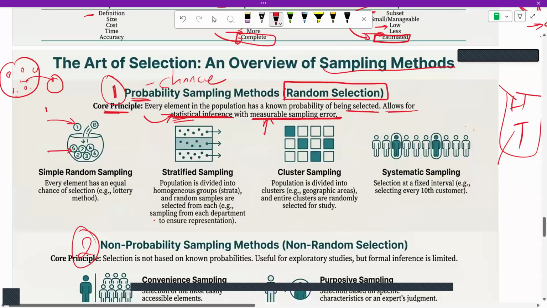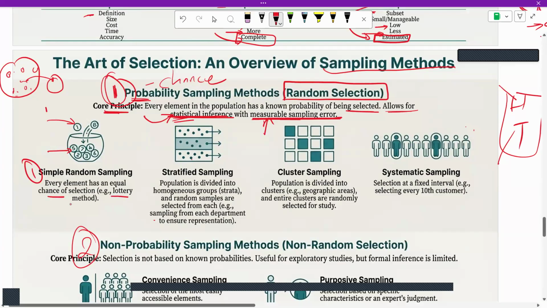Within this category, there are four sampling methods under probability sampling. Number one, simple random sampling. Every element has an equal chance of selection.